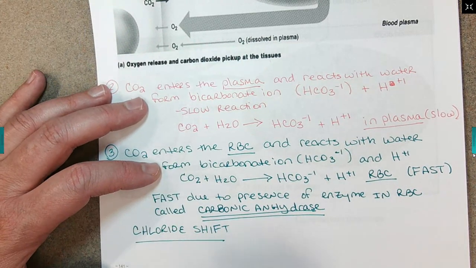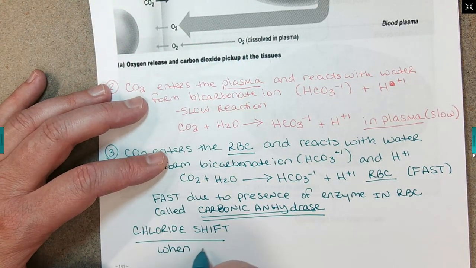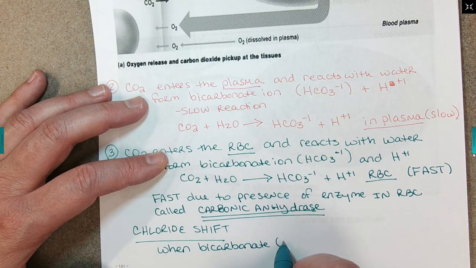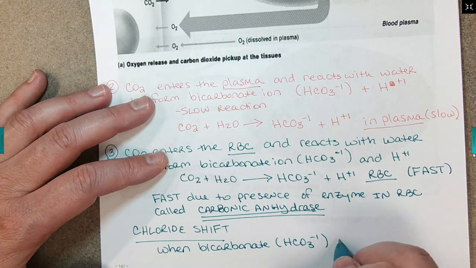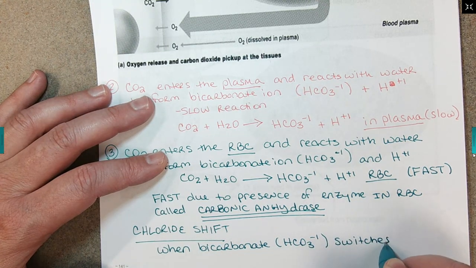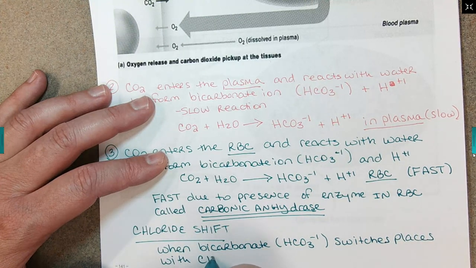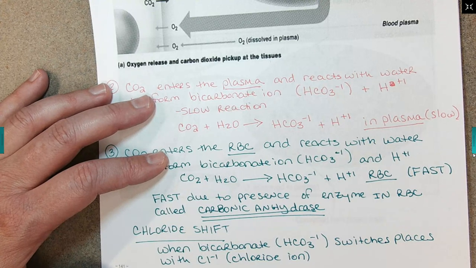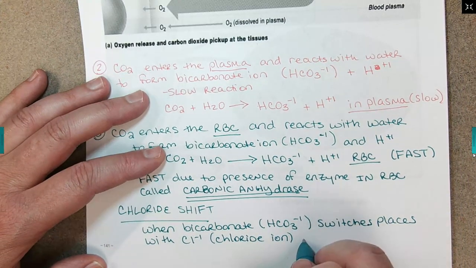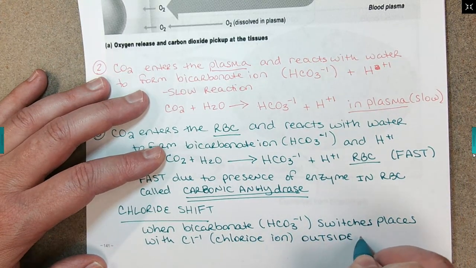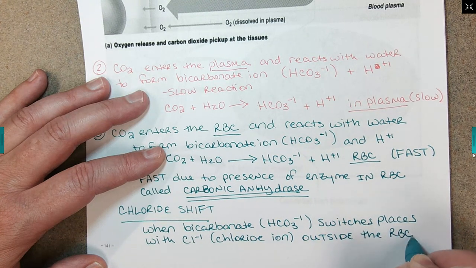So the chloride shift is when bicarbonate, HCO3 minus 1, that's a big deal, switches places with the chloride ion, which is Cl minus 1, outside the red blood cell.